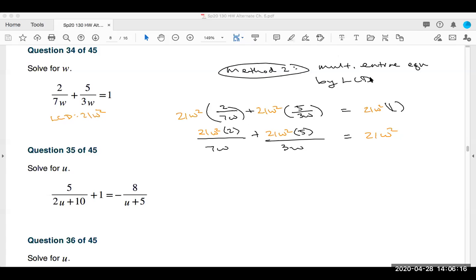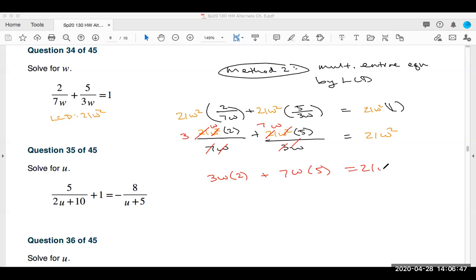Okay, so notice what cancels. 21 divided by 7 is 3. And then W squared divided by W, there's just 1W on top. So we get 3W times 2 plus, over here, 7W times 5.